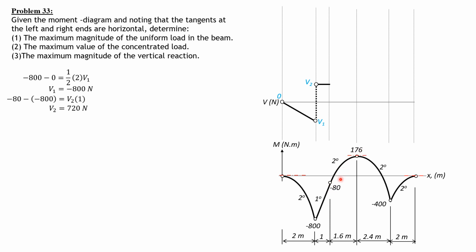Then that 256 is equal to the area of the triangle here, which is 1/2 of 1.6 times the height, and we will call the height V sub 3. V sub 3 is positive because 176 minus negative 80 is positive 256. Then it is 0 here.